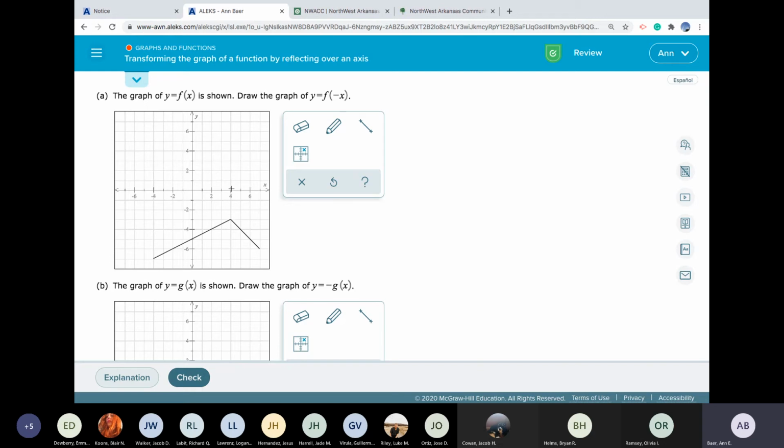Straight up, get 4. Straight over, get -3. And then this endpoint, straight up, get 7. Straight over, get -6.